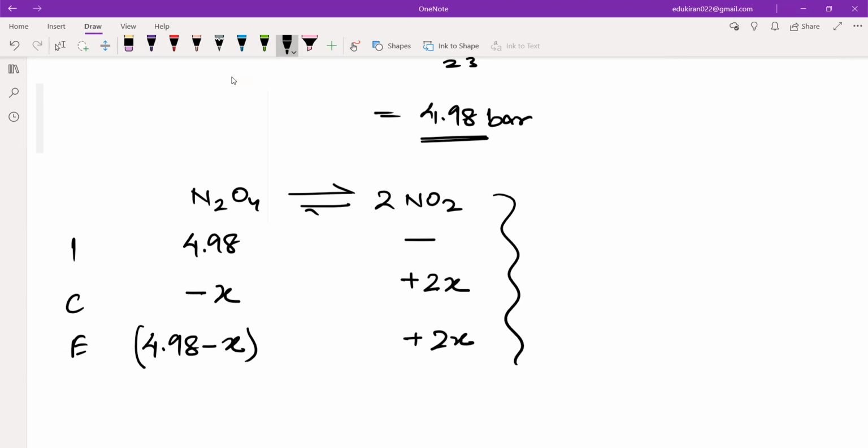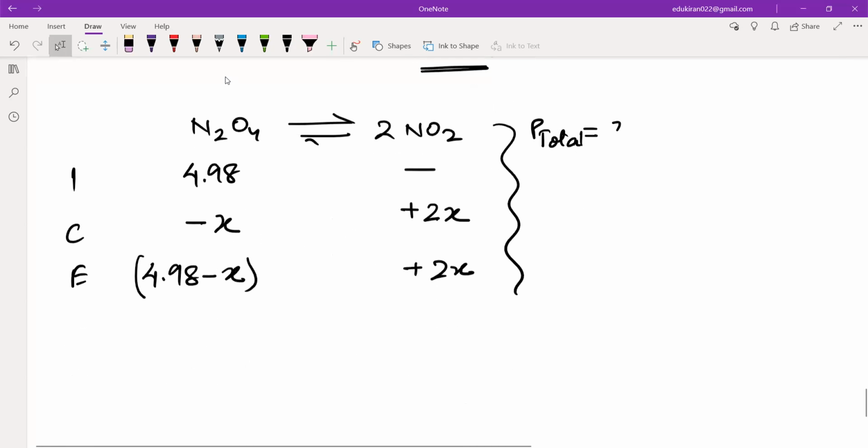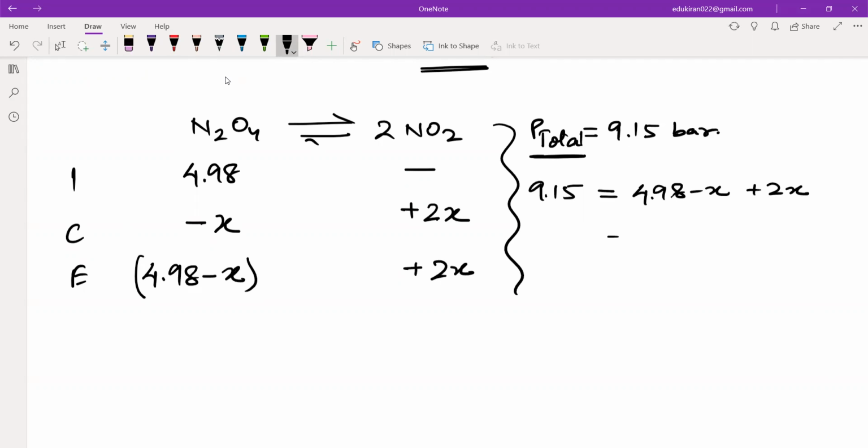Okay, no problem. Now we know that the total pressure is given as 9.15 bar, right? The total pressure will be the pressure of N2O4 at equilibrium plus the pressure of NO2. So 9.15 bar will be equal to 4.98 minus x plus 2x, which is 4.98 plus x.